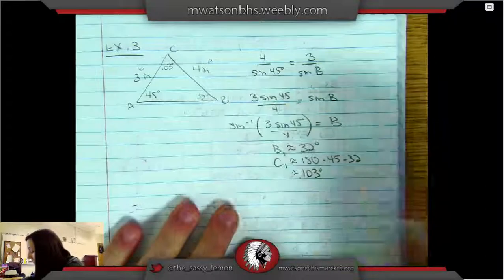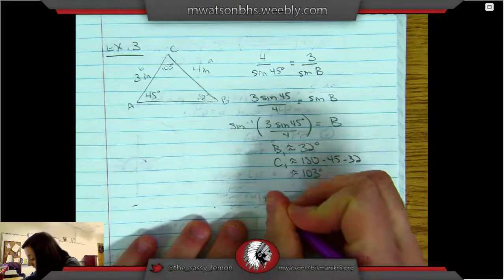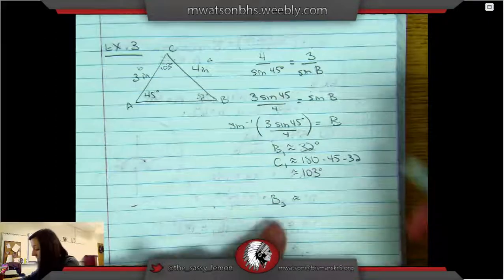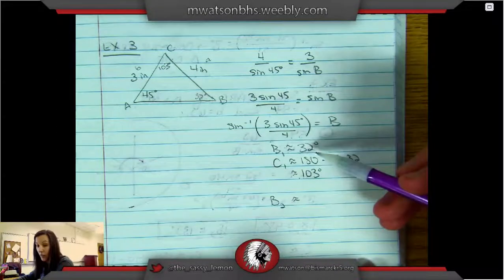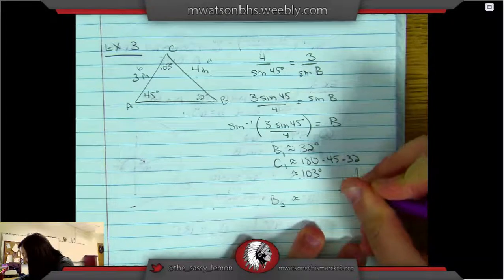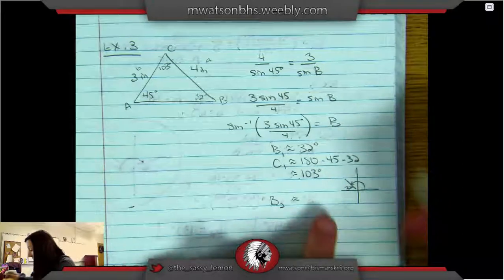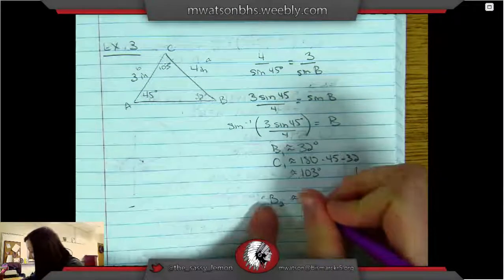So remember, to find B sub 2, we have to check out what the angle is when we draw a reference angle of 32 degrees. Hopefully you're getting to where you might not even need to draw that anymore. But we're going to do 180 minus 32 and get 148.